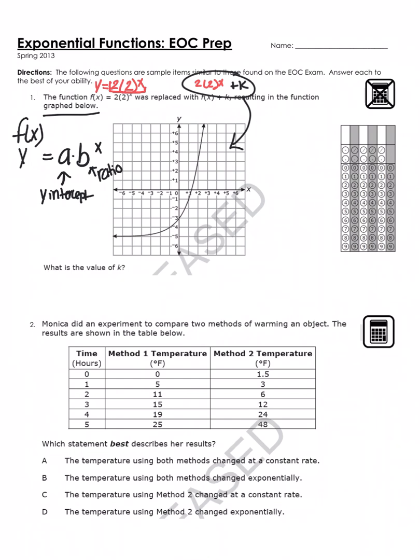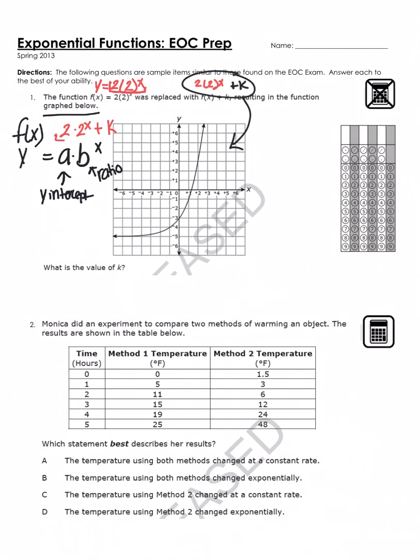And so what happened was it went from the 2 times 2 to the x power, and then whenever we added k to it, whatever k was, we had a graph, and it started out right here with the y-intercept being 2, because it was 2 times 2 to the x, and now we're adding something to it.